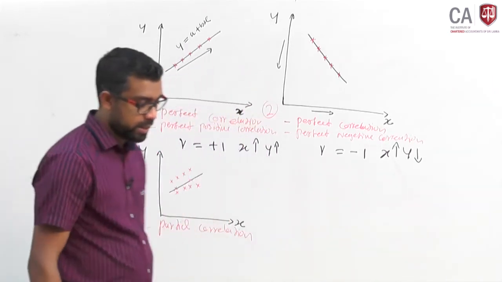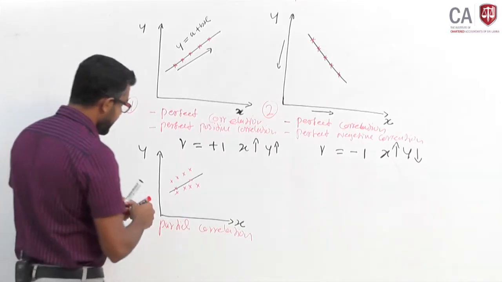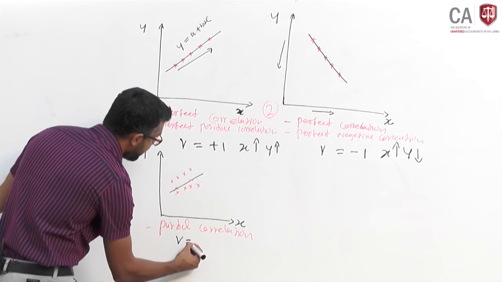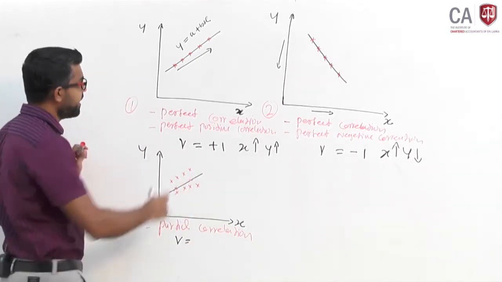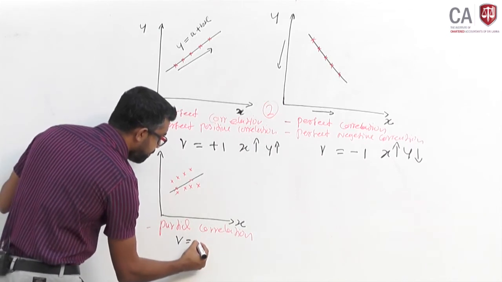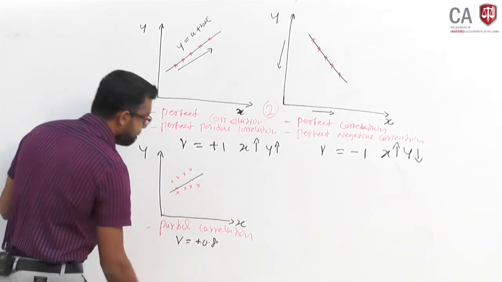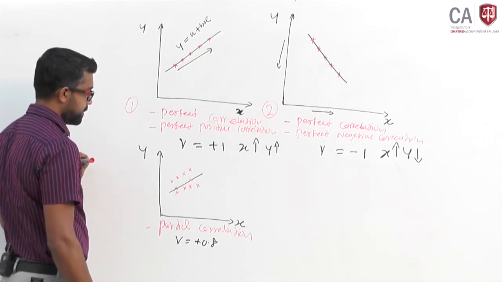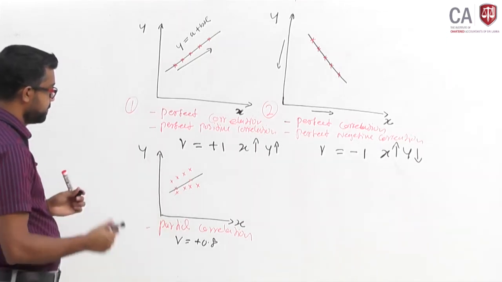Partial correlation. R may be, let's say, since the points are near the line: r = +1 if exactly on the line, but if they are close to it, maybe +0.8. Very close to this line.